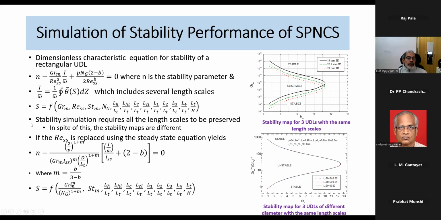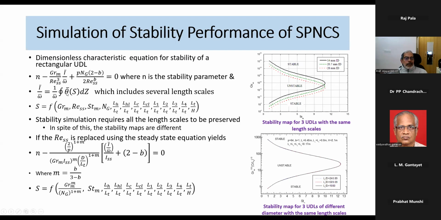So you can actually develop a characteristic equation, and a non-dimensional form of the characteristic equation is given here. Over here, this parameter I bar by omega bar, that is basically the theta bar S dz, is the perturbed temperature distribution over the closed loop, and you have to integrate this.